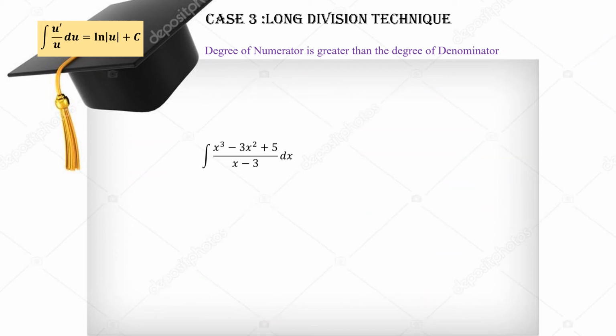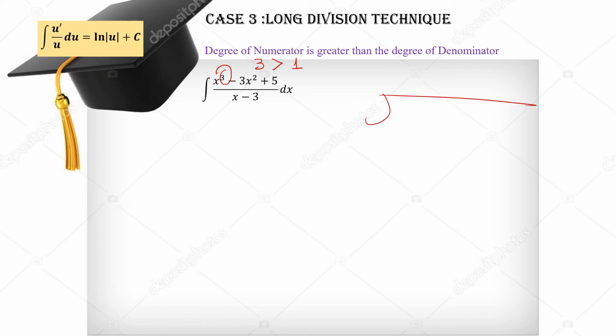One more question where we have to apply the long division technique. Again, the degree of the numerator is 3, which is bigger than the degree of the denominator, that is 1. So you apply the long division technique, x cube minus 3x square plus 5 divided by x minus 3. Now divide x cube by x, you will get x square.